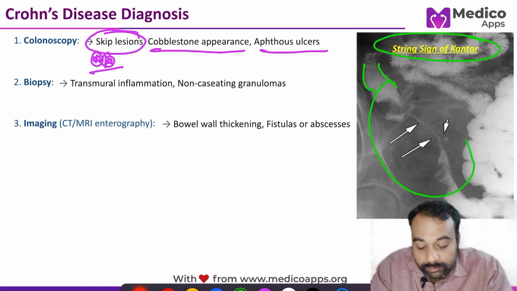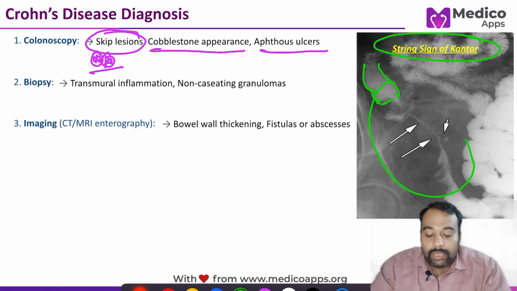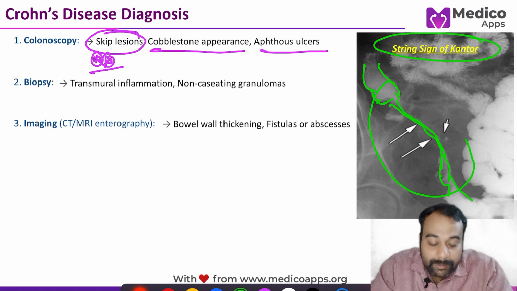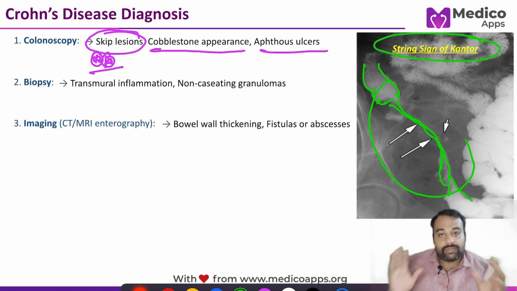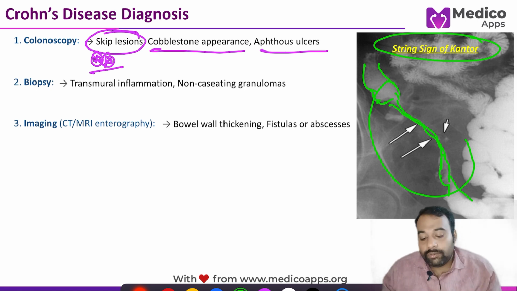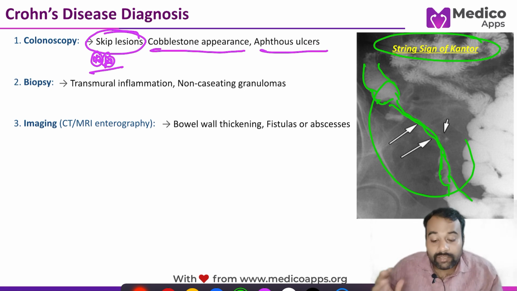There is a proximal intestinal shadow, and then there is a string-like appearance of this shadow, and then it reappears again. So the whole structure gives us a string-like sign, which is known as the string sign of Kantor.